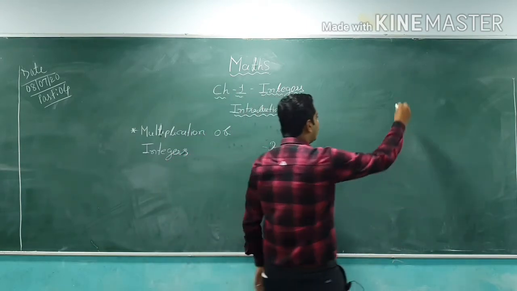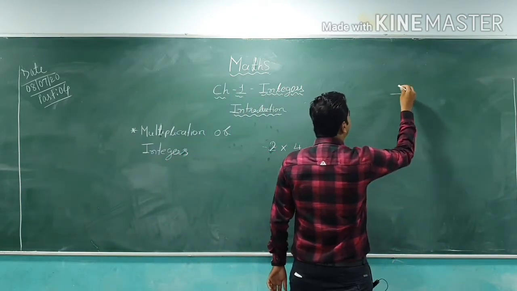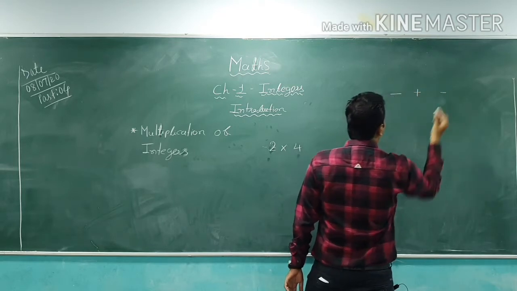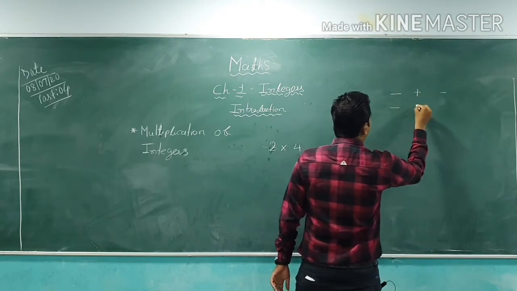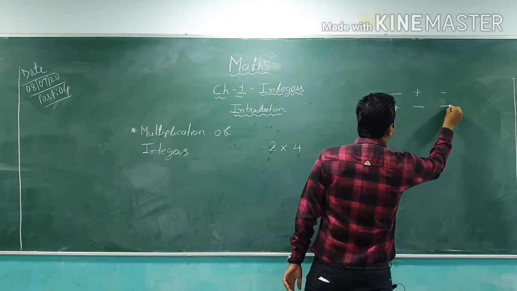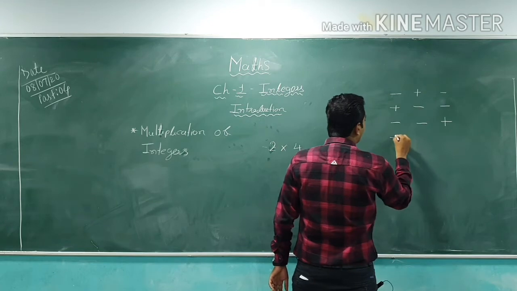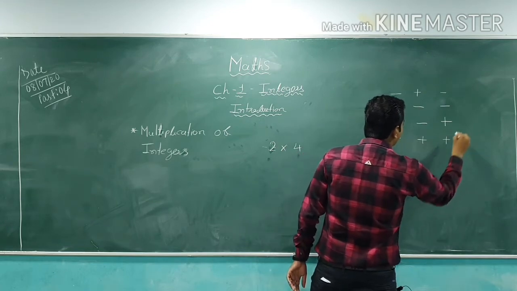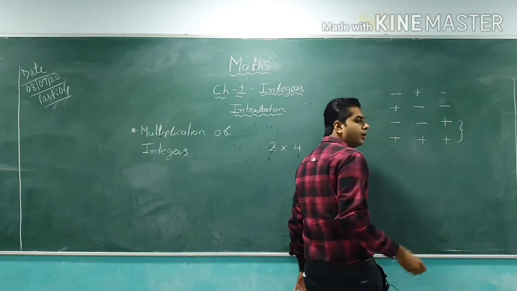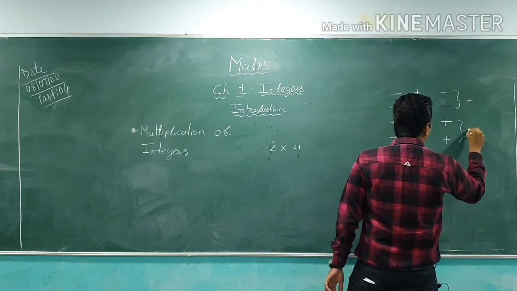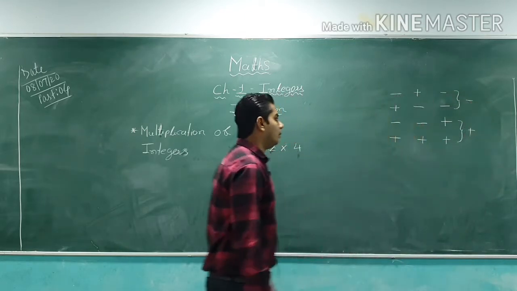First of all, we will write the rules. Negative, positive is negative; positive, negative is negative; negative, negative is positive; and positive, positive is positive. So same as in addition and subtraction, here we get 2 terms negative and 2 terms positive.